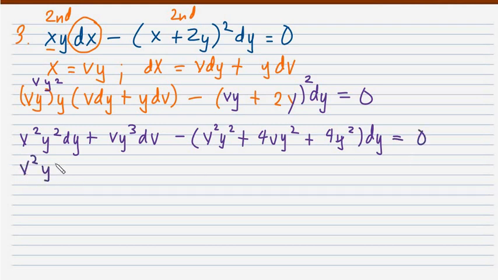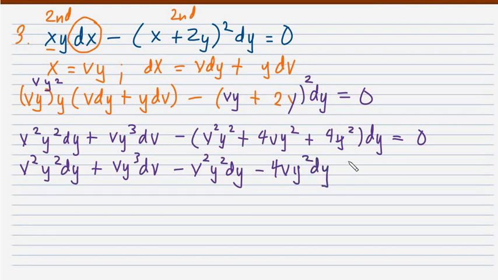So v squared y squared differential y plus vy cubed differential v minus v squared y squared differential y minus 4vy squared differential y, everything will be in subtraction, so minus 4y squared dy is equal to 0.